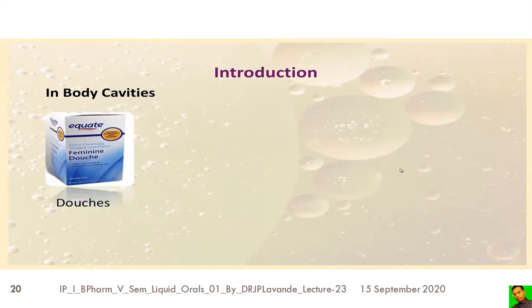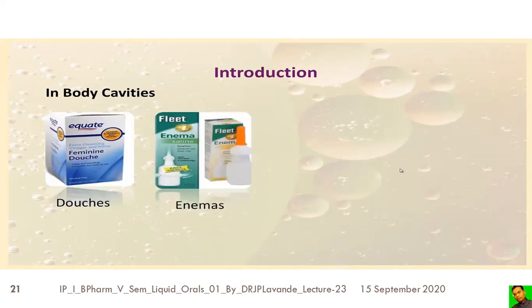It is useful for cleaning the vaginal cavity and contains vinegar along with water. The second example is enemas, which are introduced into a body cavity, the rectum. An example is the Fleet enema, which is saline, and it is particularly used in constipation.